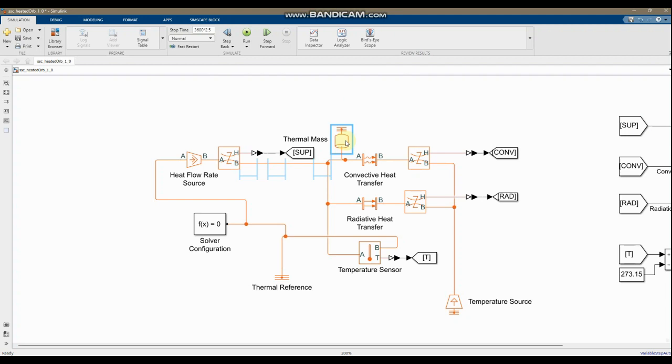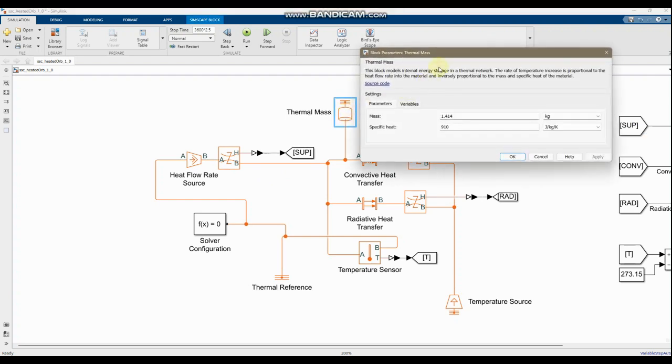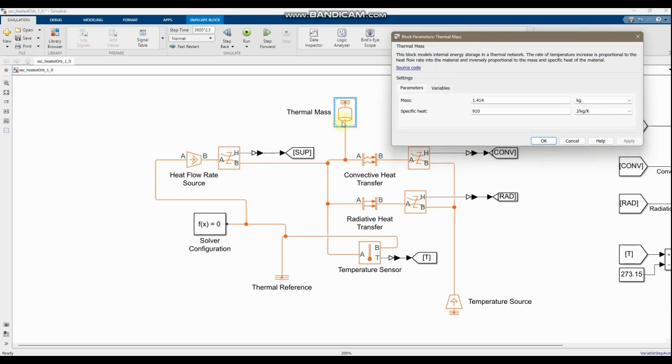Okay, now the only thing left to discuss is our accumulator, and for that we use a thermal mass block. So you can see it only has one port. That means it's not something that will connect in series.